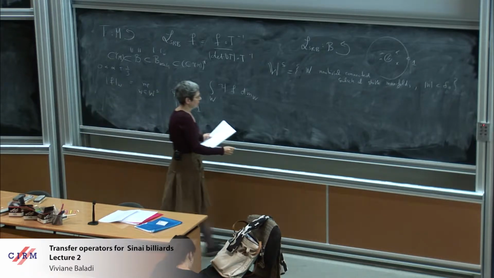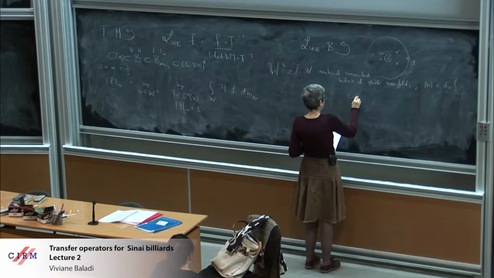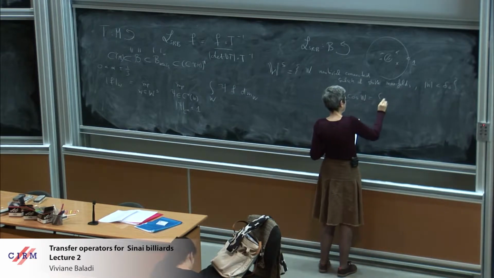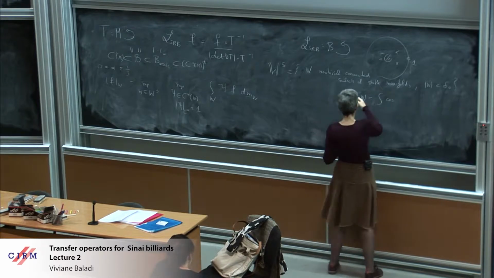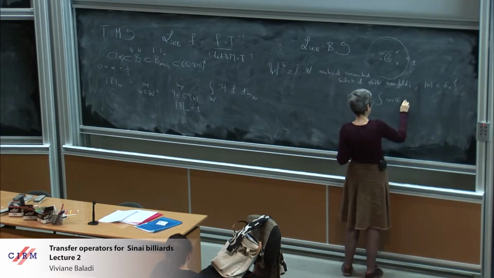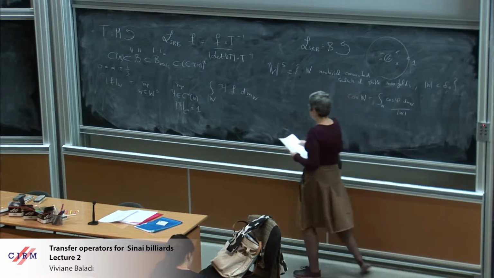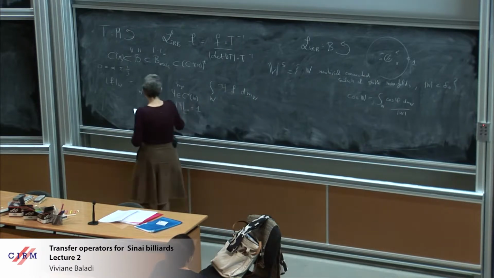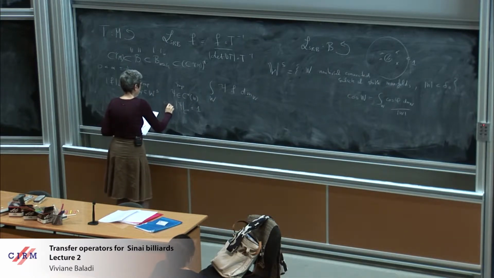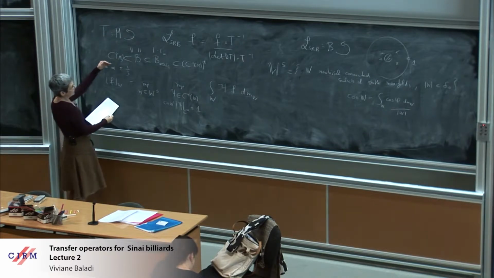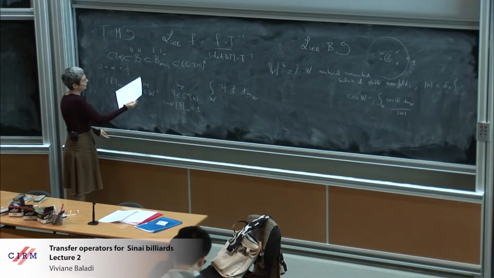It's not absolutely necessary, but it's convenient to introduce this notation: this is the average of cos phi on the leaf W. And actually, you have to put this weight here to make your life simple. So that's the weak norm, and then you define the weak space by taking the closure of C1 with respect to this norm.